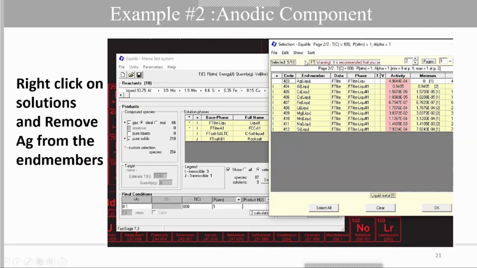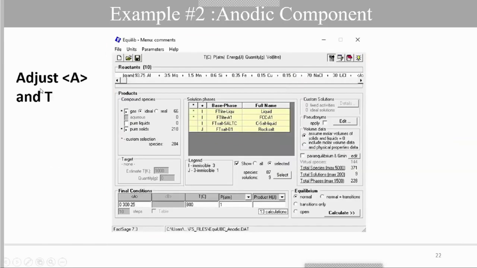You're going to get a warning, but trust me, it's all right. Then you adjust the alpha parameter that represents the amount of charge transfer that you're going to get, and the temperature you want to do it at. I've selected 800 to make sure that my salt was liquid, and I did some screening on the alpha parameter.